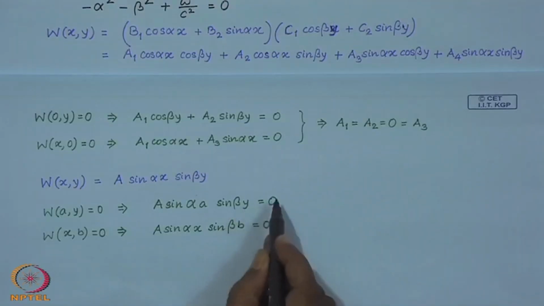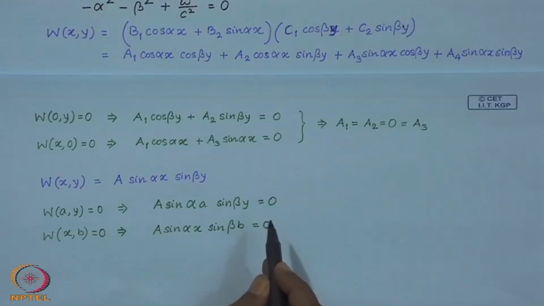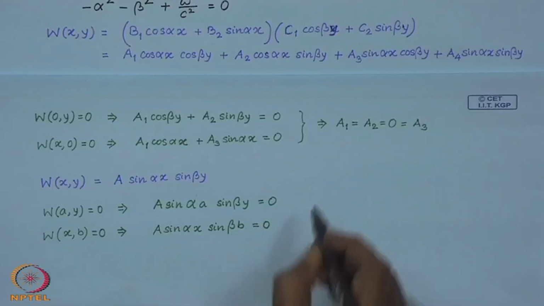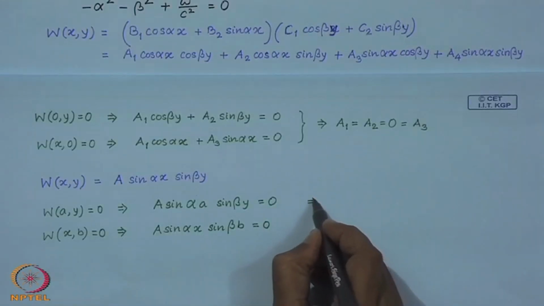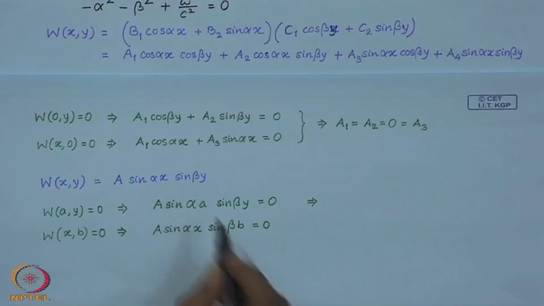Now again this condition should be valid for all y and this condition should be valid for all x. So, this should imply that sin of alpha x should be 0, since a cannot be 0.